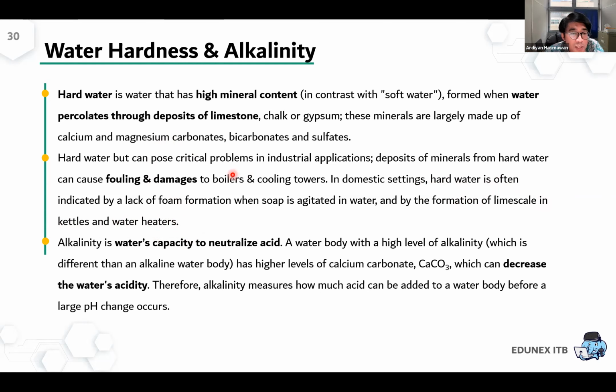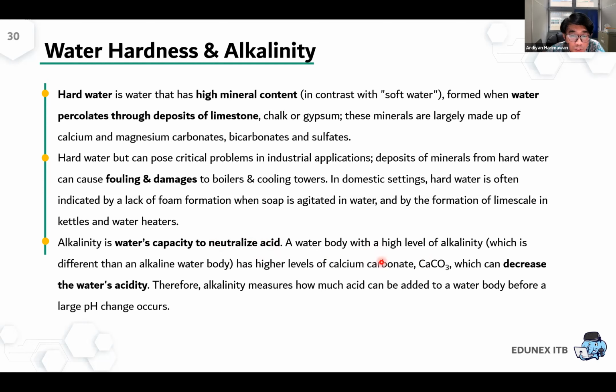Hard water, or the hardness, one of its components is from the carbonate, right? And the carbonate itself also has alkalinity properties. So alkalinity of water is basically measuring the water's capacity to neutralize acid.